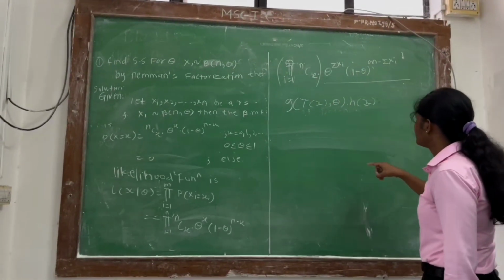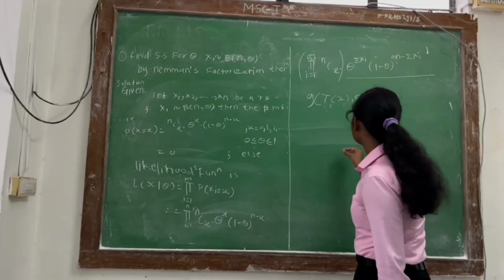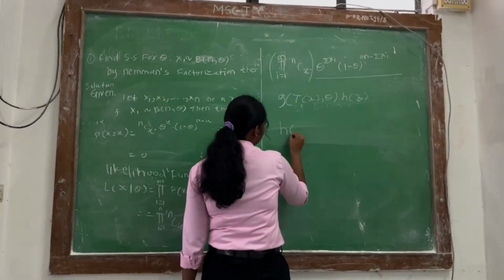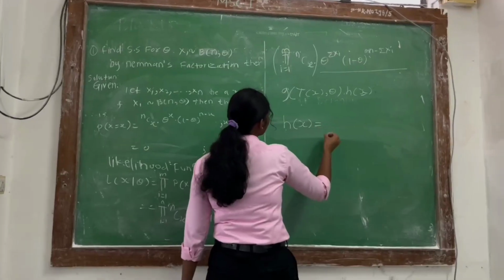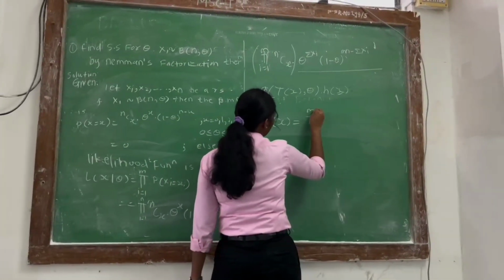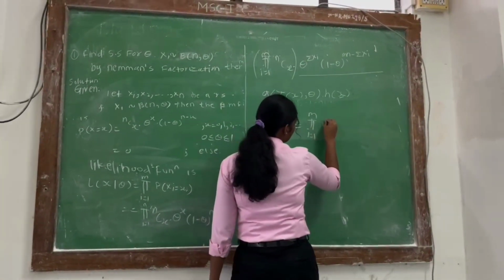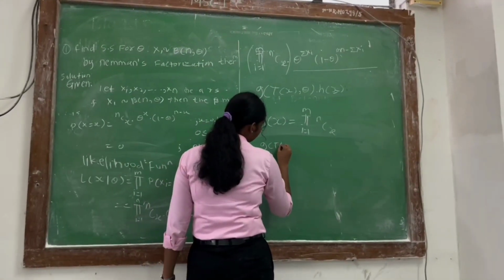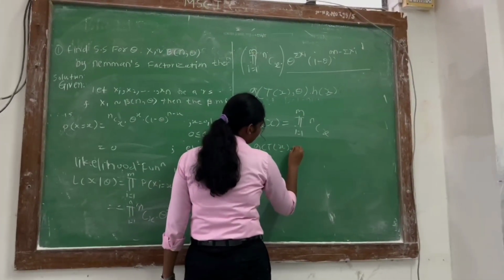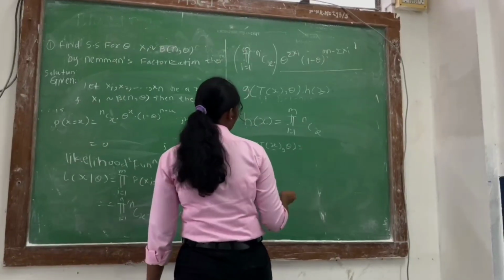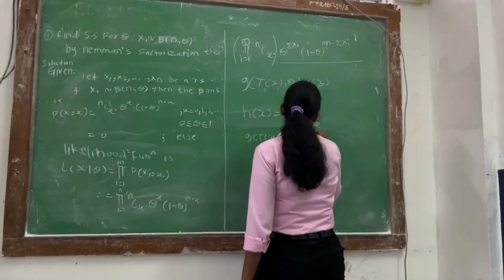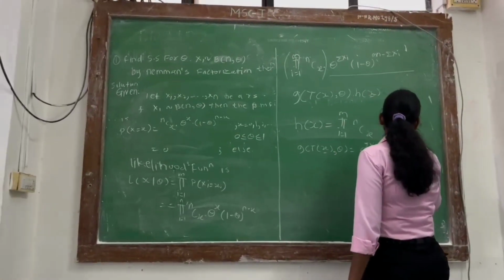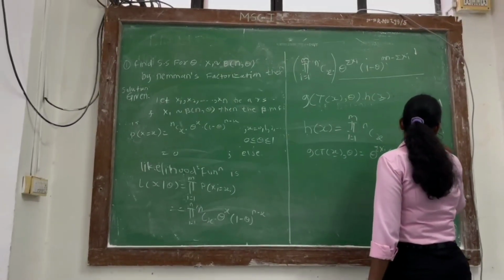So we are going to take this term as h of x, and g of t of x comma theta is equal to theta raised to summation xi, 1 minus theta raised to n minus summation xi.